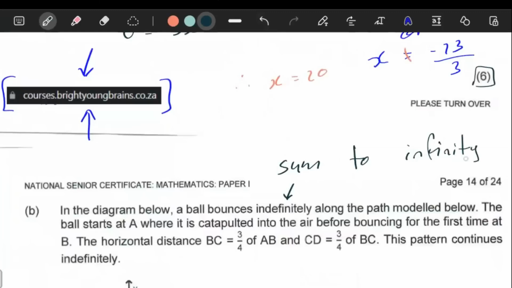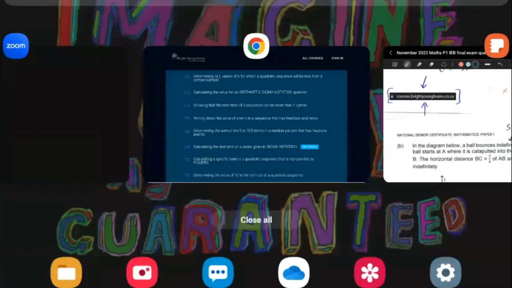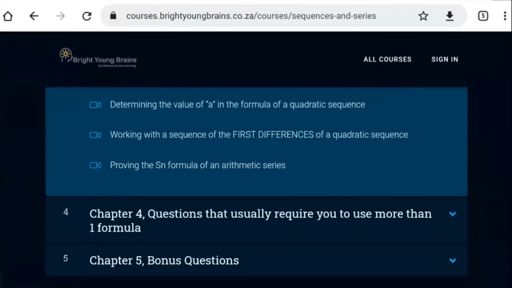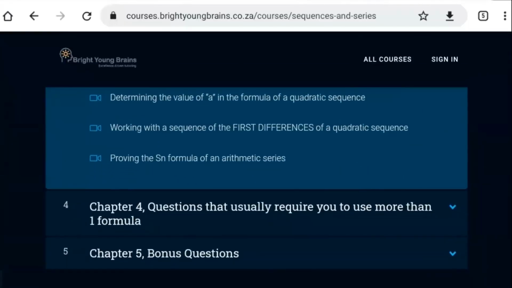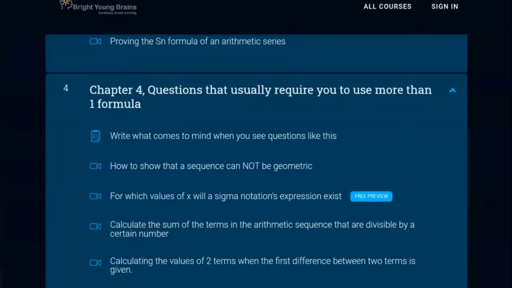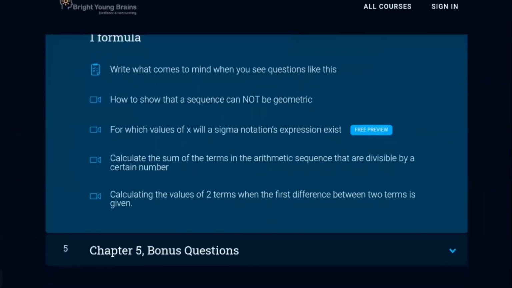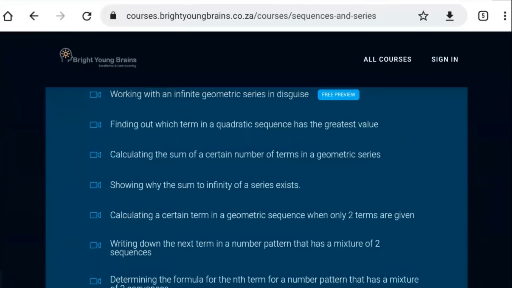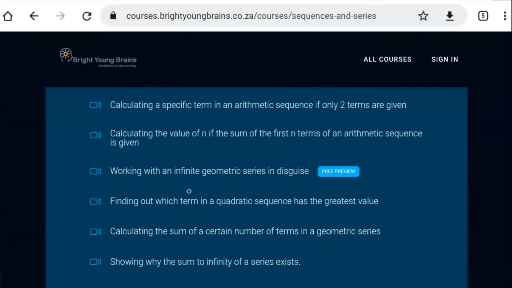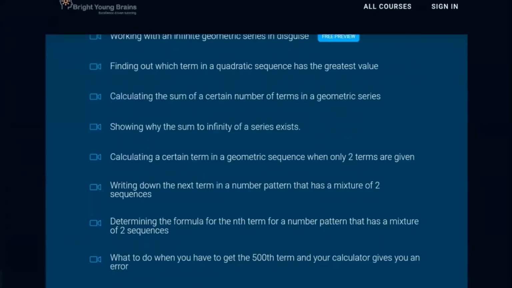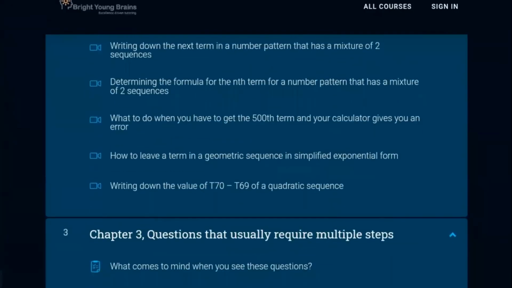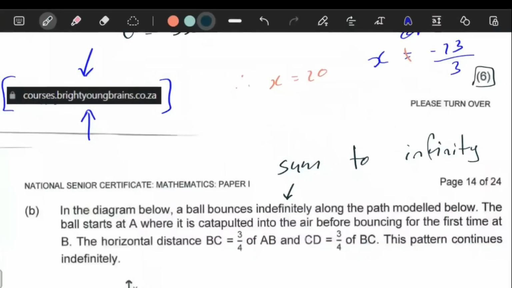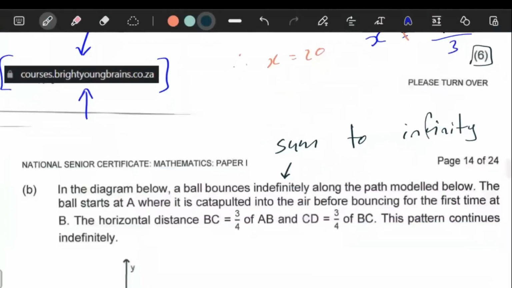You see, these kinds of words are similar to the other kinds of words that you can expect to see when you deal with sequences and series questions, you see. Because when you're dealing with sequences and series questions, the kinds of words that you should be able to recognize are words like finite, you see, and infinity, obviously. And then as they have worded out here, indefinitely, it means sum to infinity, it goes on forever.